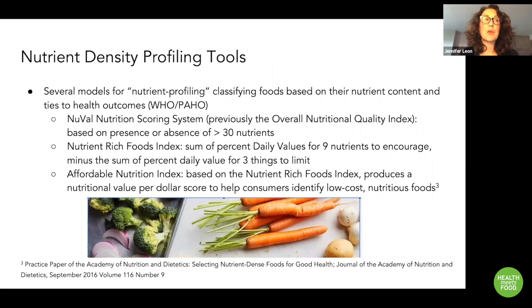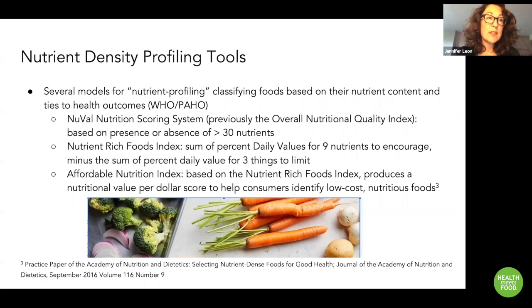So nutrient profiling is a science of ranking or classifying foods based on the nutrients they contain. There are several nutrient density profiling tools. Some are designed to be used by health professionals, and some are designed to be used by consumers. Nutrient profile models calculate the contents of key nutrients per either 100 grams or 100 calories or the serving size of the food.